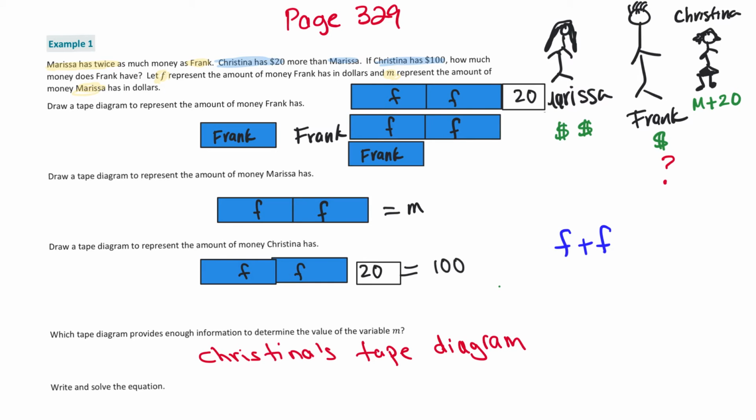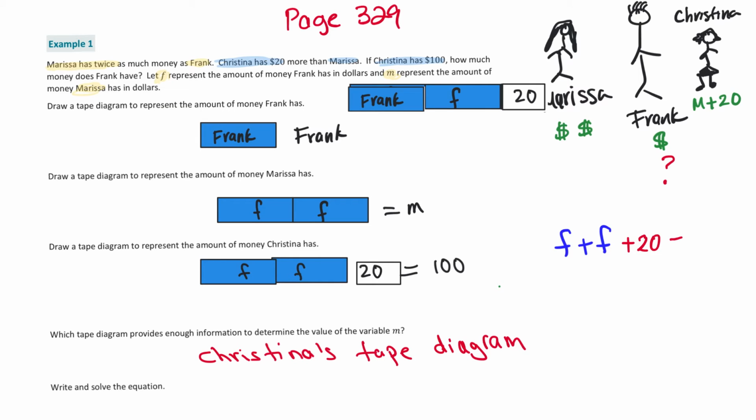Or if I wanted to put it on top of each other like I did on the other one, that also helps. Check it out. If I put it on top, I know it's hard to do. Top and top, what is the equation now that we have? F plus F plus 20, right? Equals the $100.